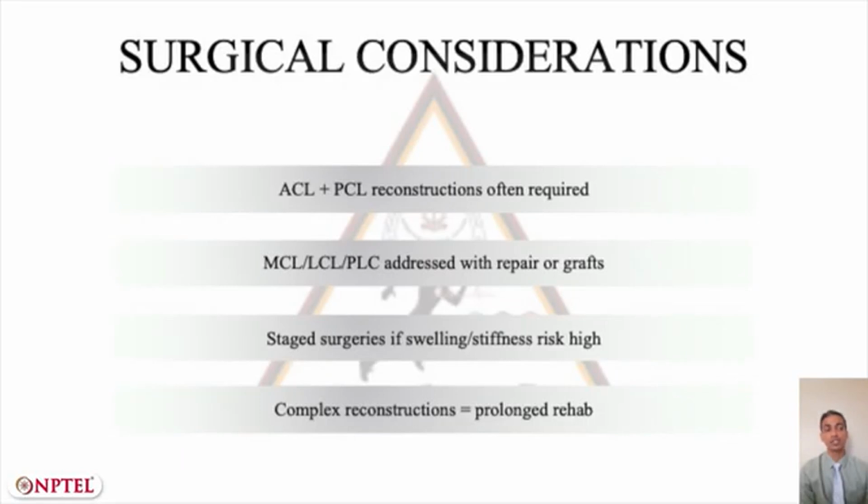Sometimes surgery is staged, for example, repairing collaterals in an acute knee condition and then addressing the cruciates later once the swelling subsides is a good example of a staged surgery. Complex reconstructions demand longer and more cautious rehabilitation approach in individuals with multi-ligament knee injuries.